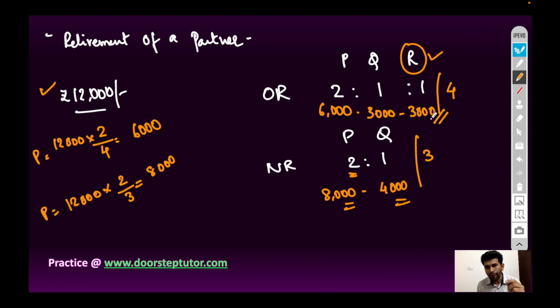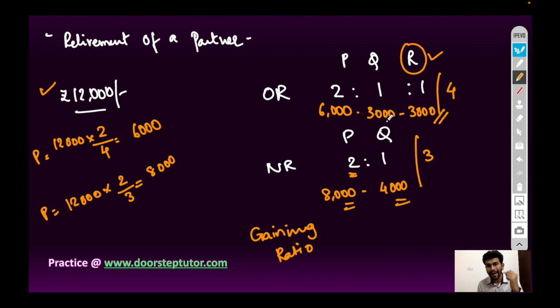Now the remaining profit of Mr. R is distributed among P and Q in the ratio of 2 is to 1. So Mr. P is getting 2,000 rupees extra and Mr. Q is getting 1,000 rupees. Now profit of Mr. R is distributed among P and Q in gaining ratio, because after retirement of Mr. R, the profit is now distributed among P and Q, the remaining partners.